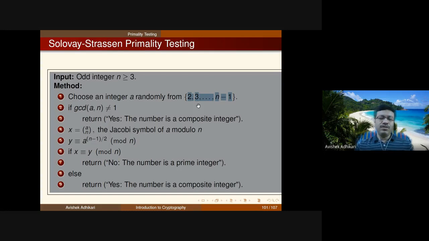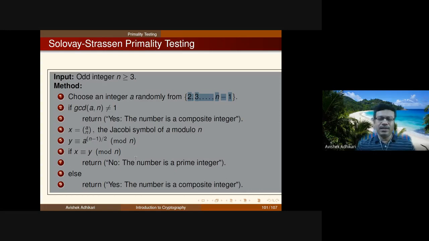So you can reduce it, and if you are not sure about it, then run again, maybe 1 lakh times, because they are very efficient. You can very easily run the whole program 1 lakh times, and if you get no every time, then your probability of error after 1 lakh times will be half to the power 1 lakh. So you can understand how many zeros will be there just after the decimal point.